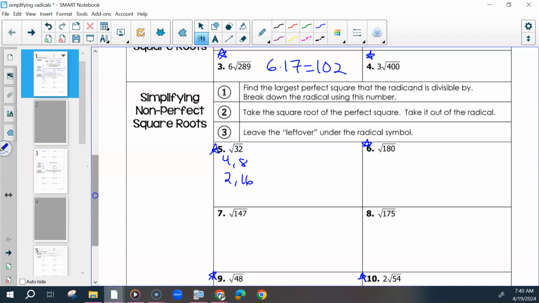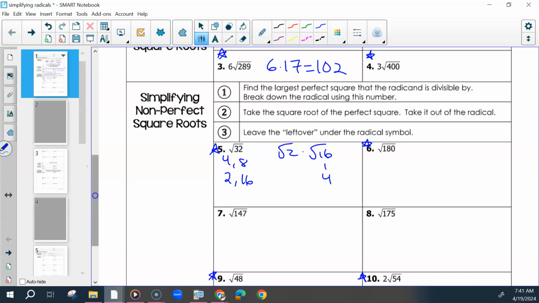So if I were to break this down to the square root of 2 times the square root of 16, if I multiply these together, I would get the square root of 32. And I know the square root of 16 is 4.